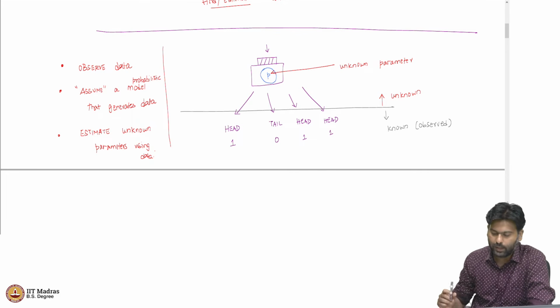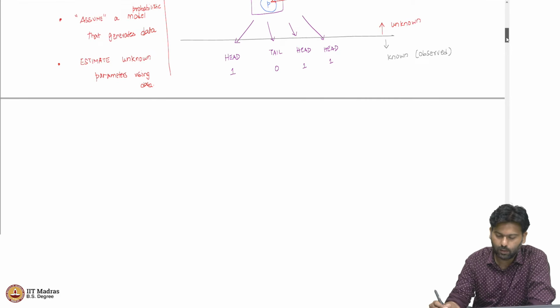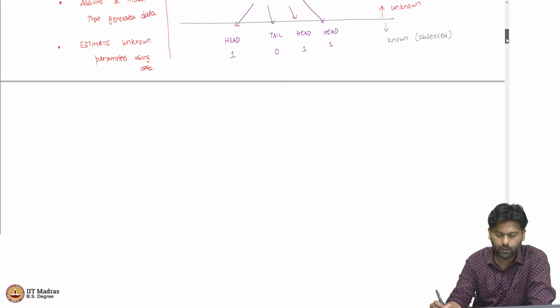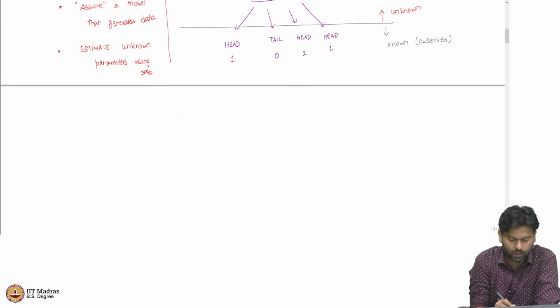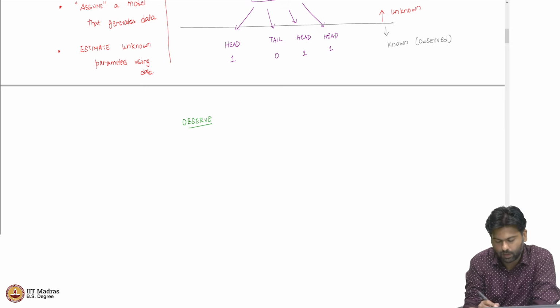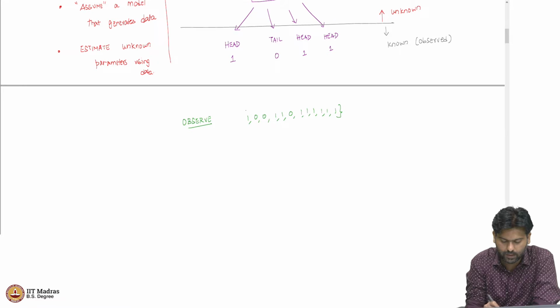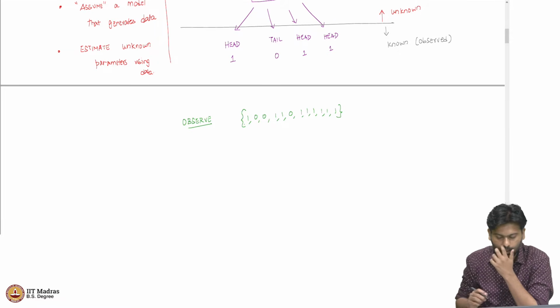Now let's take a simple example with a coin toss, but not just four data points. Let's say we have more data points. The first thing is you observe, let me make it 12 observations: 1 0 0 1 1 0 1 1 1 1 1 1. Let's say this is the data that you observe, right?